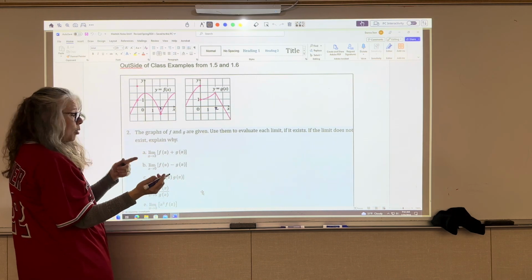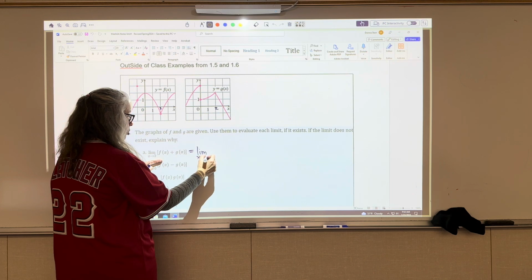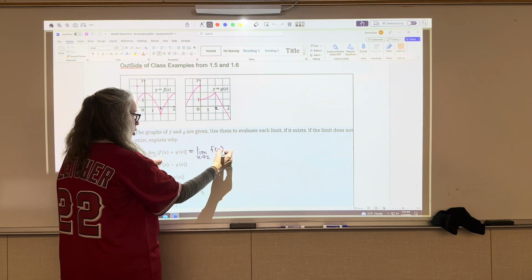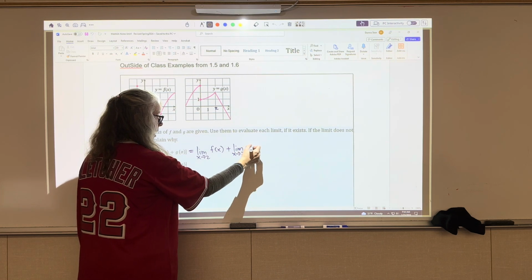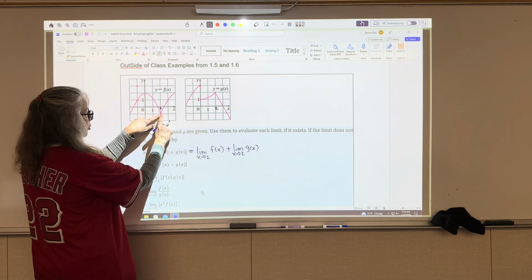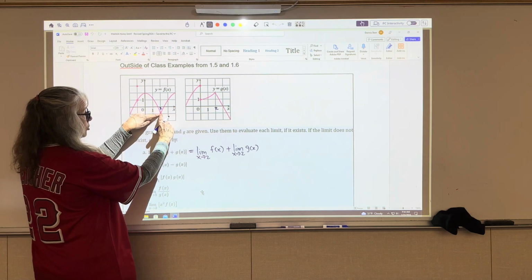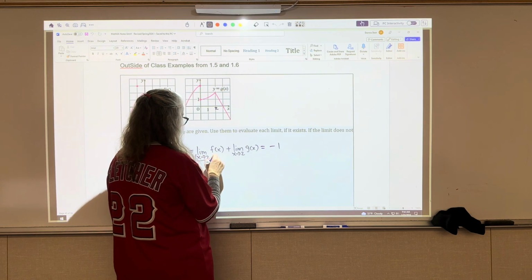So because both limits exist, I can write this as the limit as x goes to 2 of f of x plus the limit as x goes to 2 of g of x. And so this limit right here, when you go and find it on your graph, as you get closer and closer to 2 is -1. So this limit right here was -1.